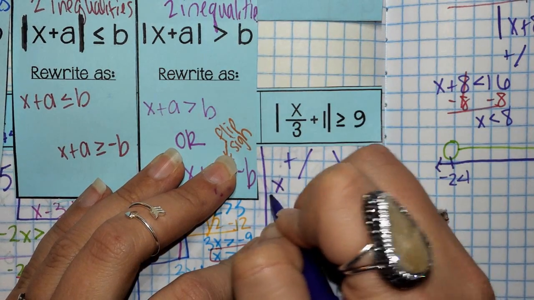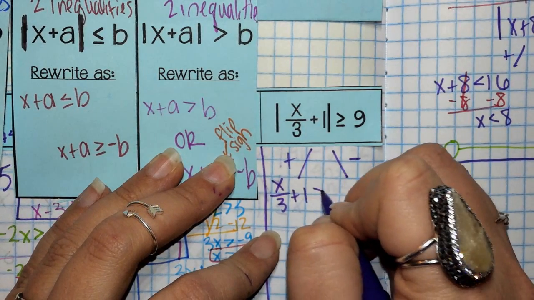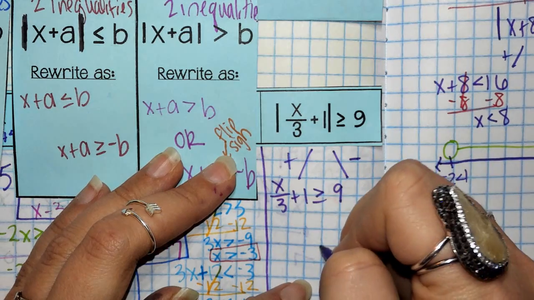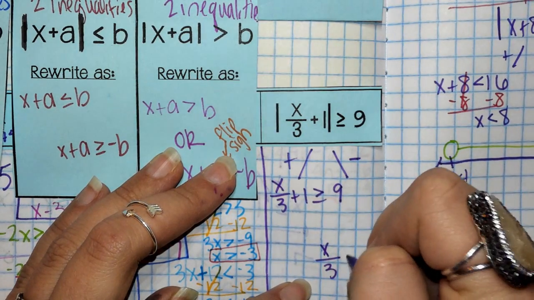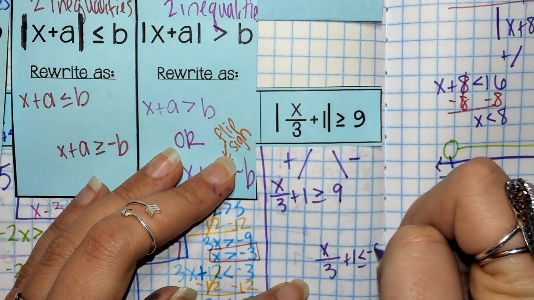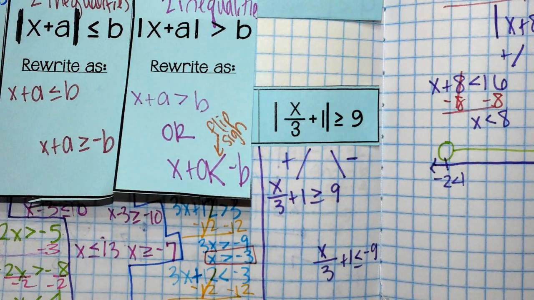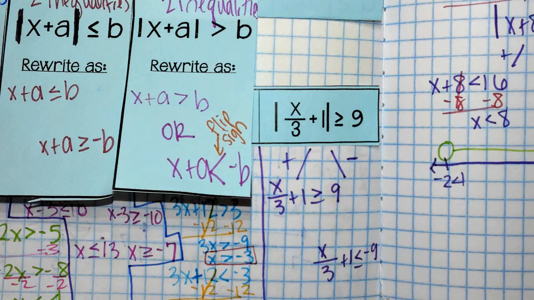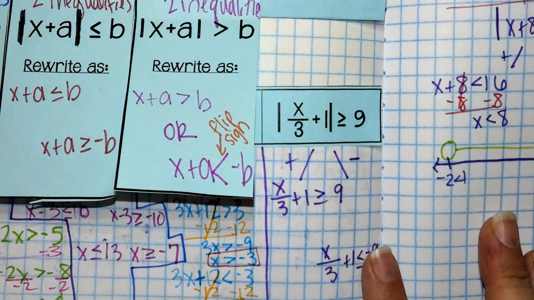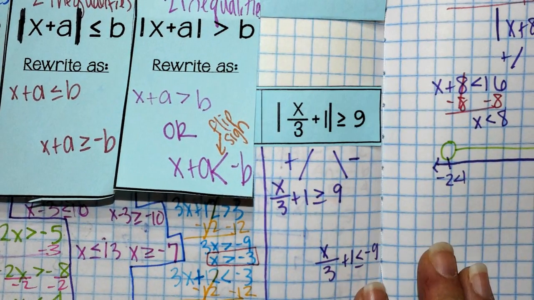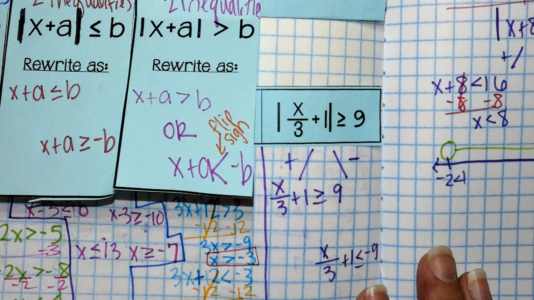So we have x divided by 3 plus 1 is greater than or equal to 9, and x divided by 3 plus 1 is less than or equal to negative 9. So if it's by itself, you break it down. You don't do anything to it. Break it down into the positive and the negative. Is everybody with me? Are we sure?